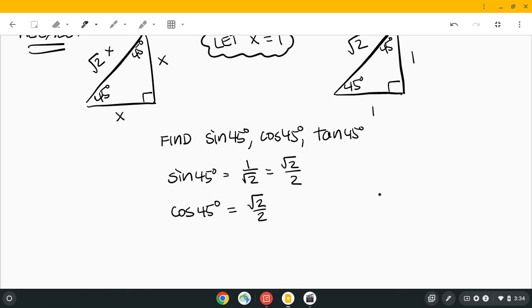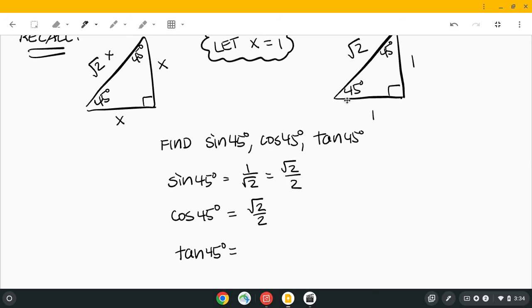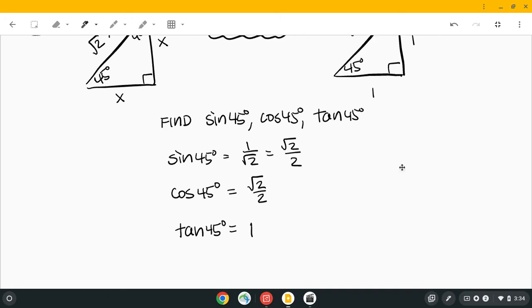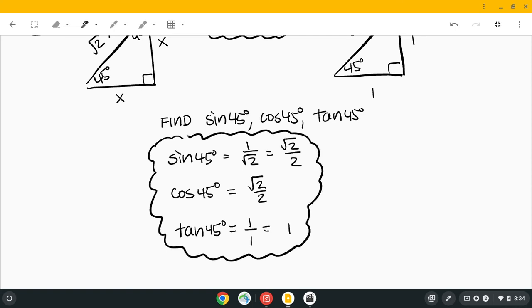And then tangent of 45 is opposite over adjacent, 1 over 1, so tangent of 45 is just 1. These also need to be memorized ASAP.